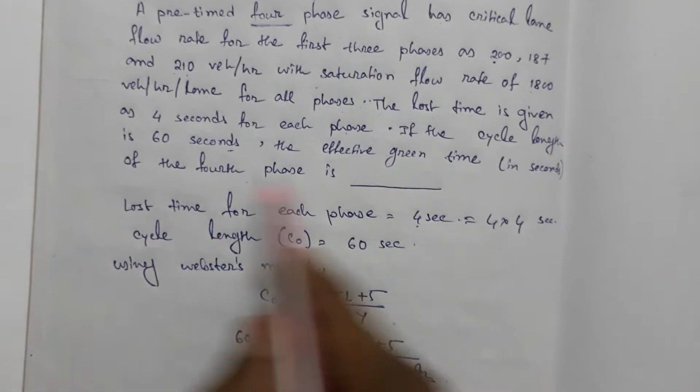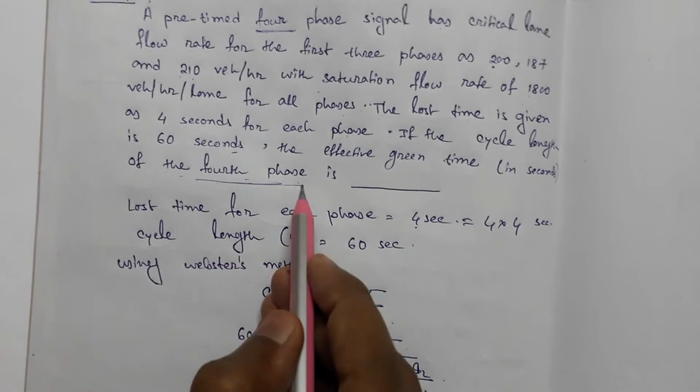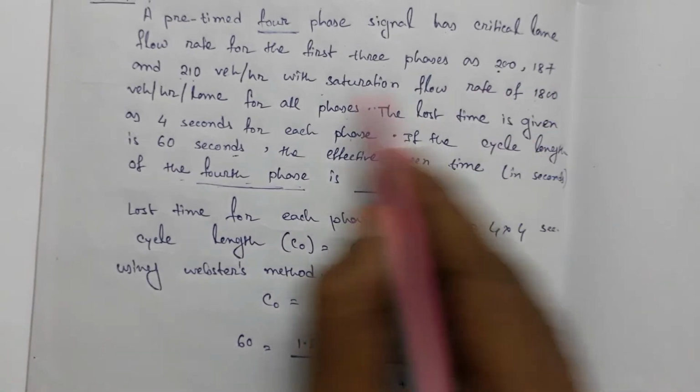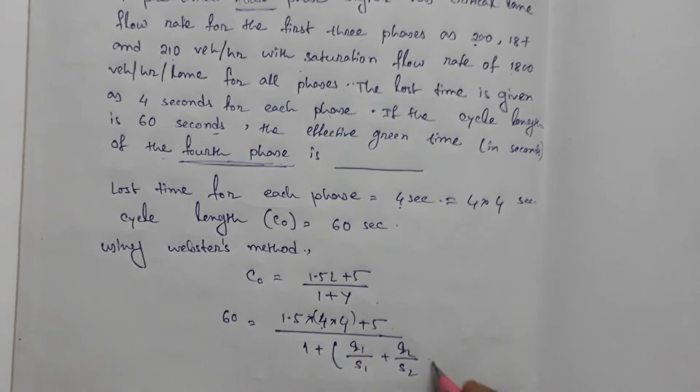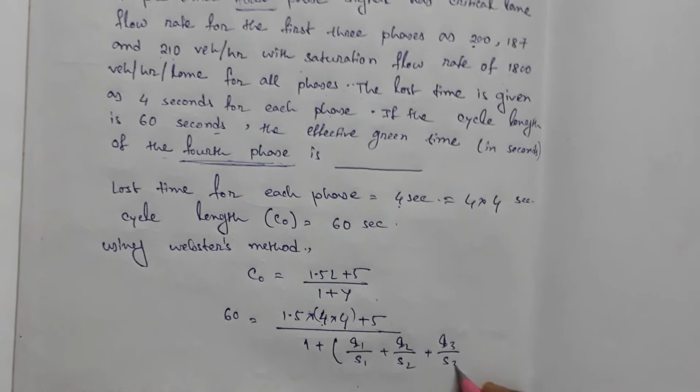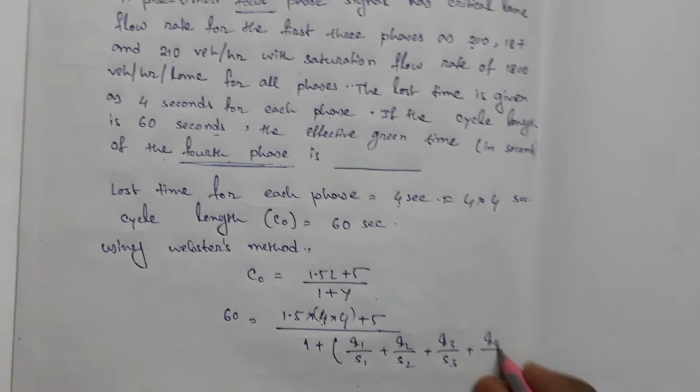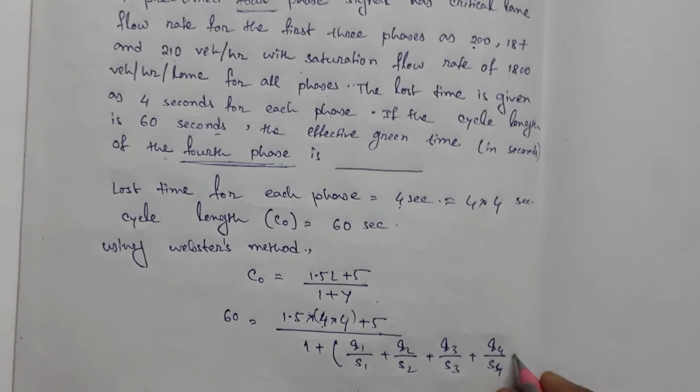Now to determine the fourth phase, there are 3 phases given, so the fourth phase should be calculated. Q3 plus Q4.